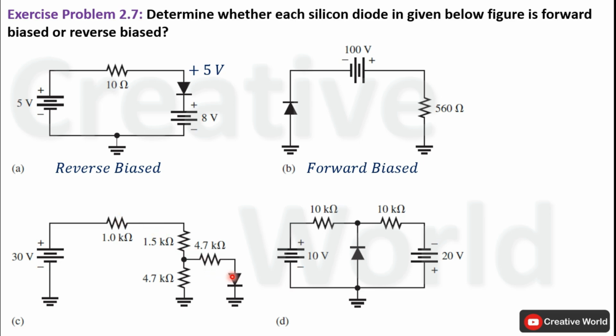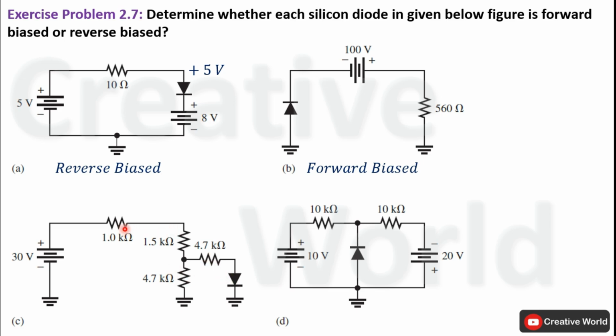In order to do that, first we have to find the voltage that will appear across this 4.7 kilo ohm resistance, because whatever voltage appears across this 4.7 kilo ohm resistance, due to the parallel connection, the same voltage will appear across this diode circuit as well. For that purpose, for an instance, we will remove this diode and resistance from this network.